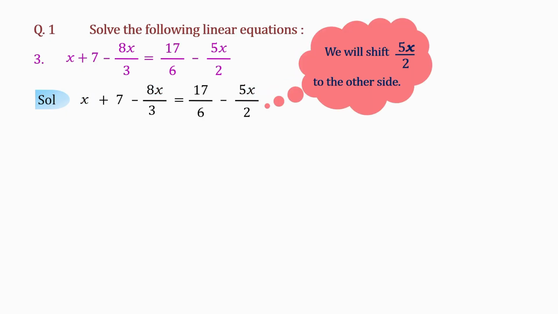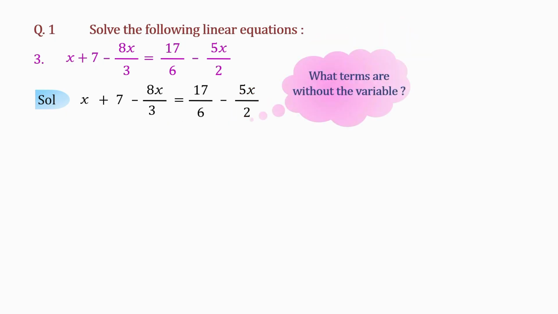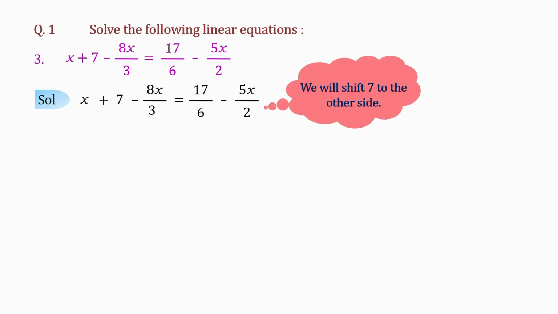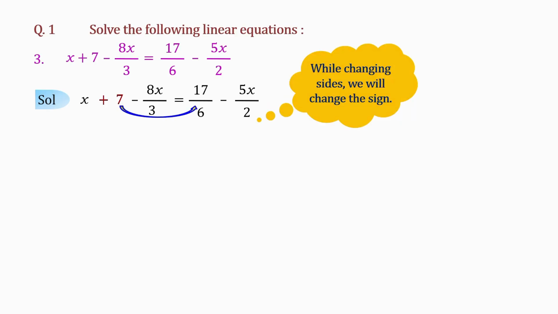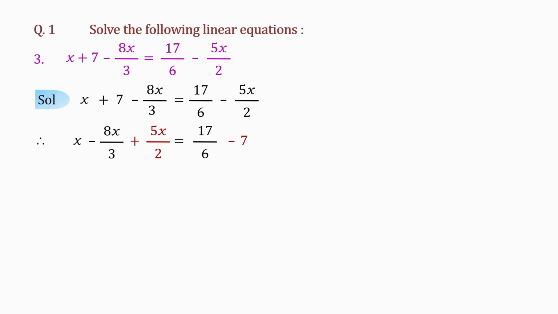So first we are going to shift 5x by 2 to the other side, and we'll change the sign. And now we need to identify what terms are without the variable, 7 and 17 by 6. So we are going to shift 7 to the other side, and we'll change the sign. So we are doing the shifting in one step, both variables and the numbers at one step shifting.